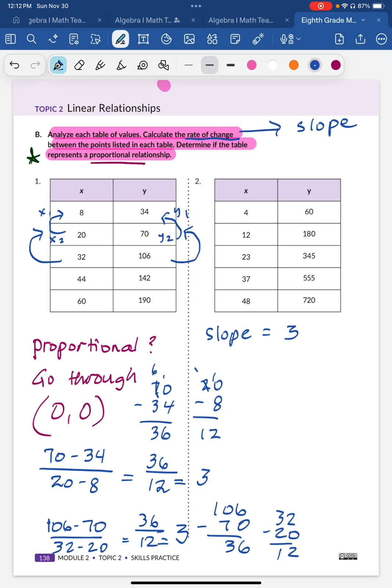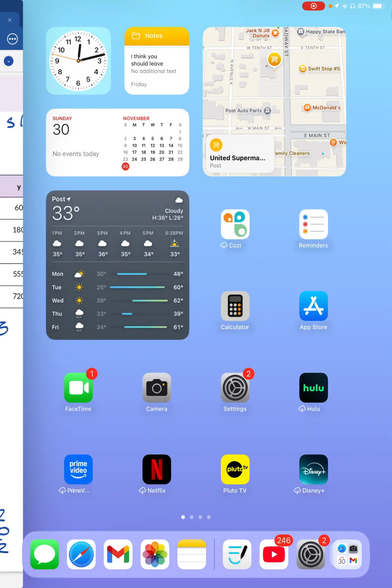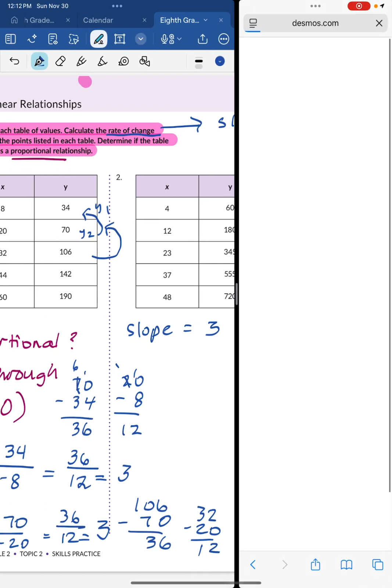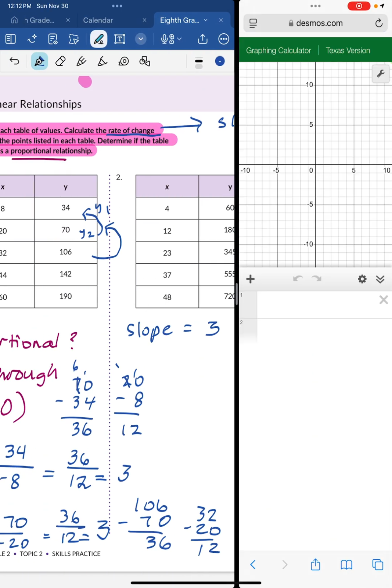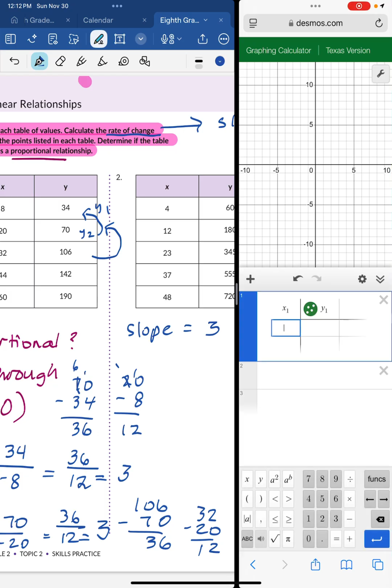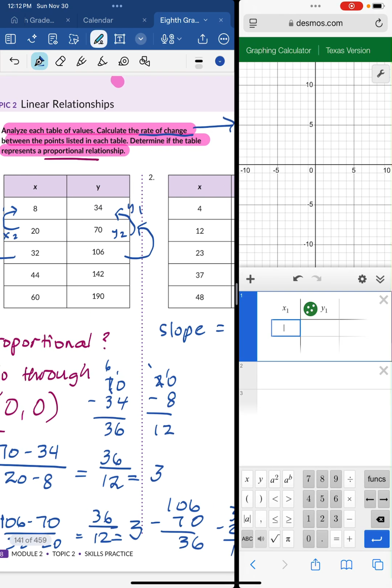So if our slope is 3, how do we know if this is a proportional relationship? Well, let's go over to Desmos. So if I go over to Desmos, I'm going to make a table and I'm just going to put this table in. 8 and 34, 20 and 70, 32 and 106.